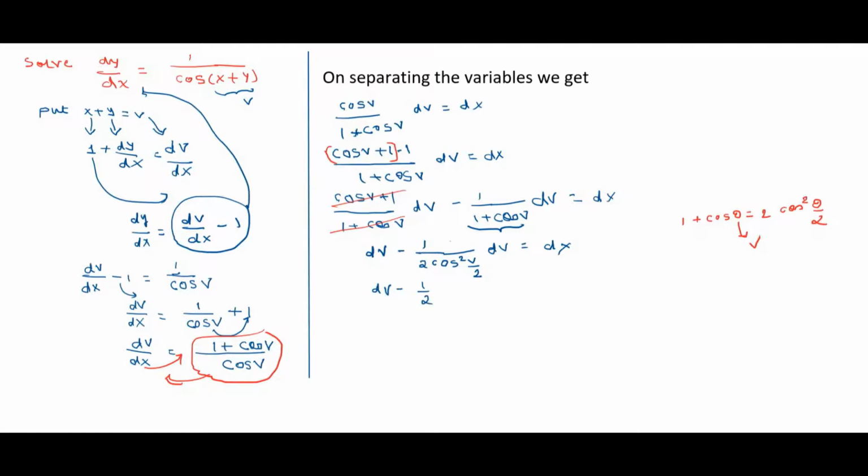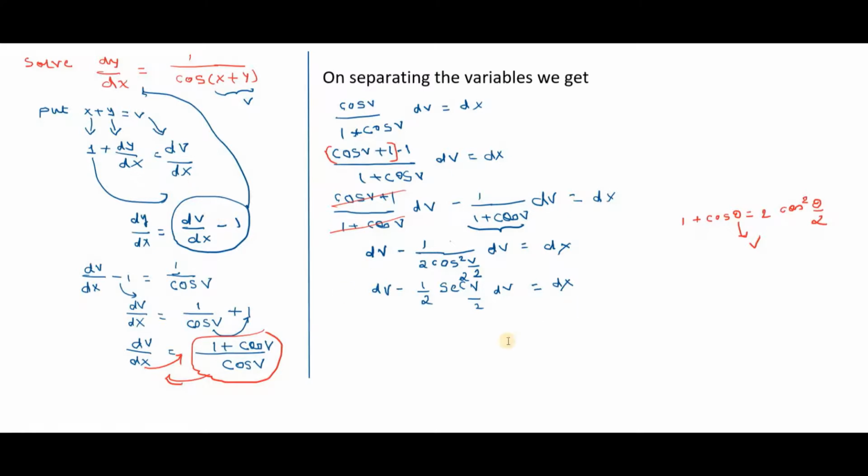And what is 1 divided by cos square v by 2? 1 by 2 cos square v by 2 is 1 by 2 sec square v by 2, into dv is equal to dx.